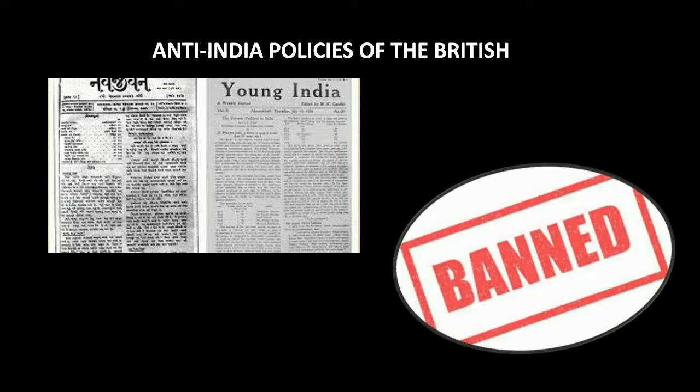But when the British saw this, they tried to ban vernacular books and newspapers because they were spreading ill about the British people. However, this did not work, and it went on for a long time, uniting the people of India and giving them the idea of nationalist feeling.